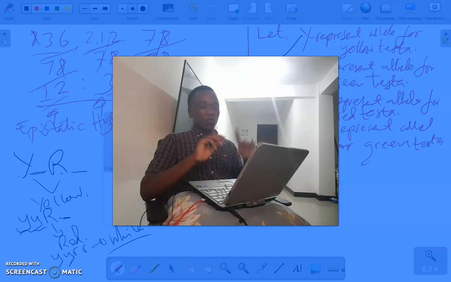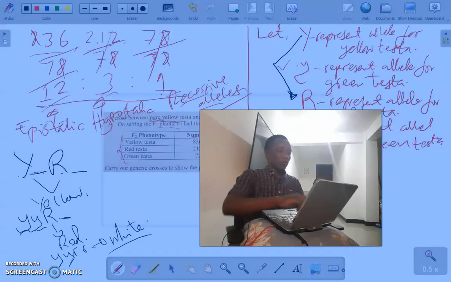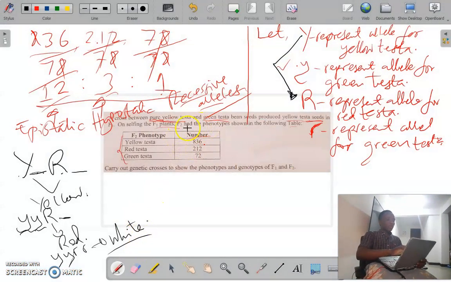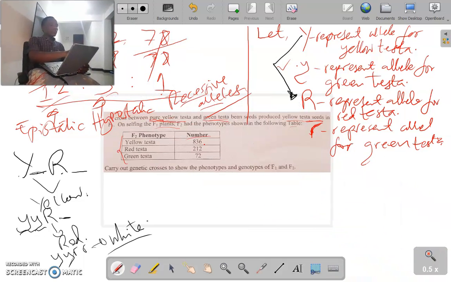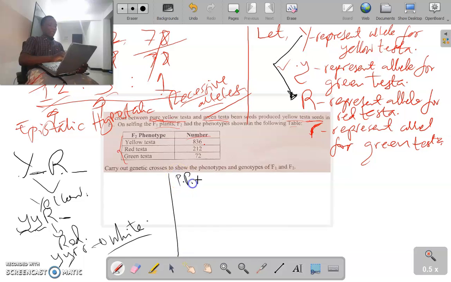How the cross was, and put those symbols in a cross. Basically our cross was between pure yellow tester versus green tester. So our cross was parental phenotype yellow tester versus green tester.